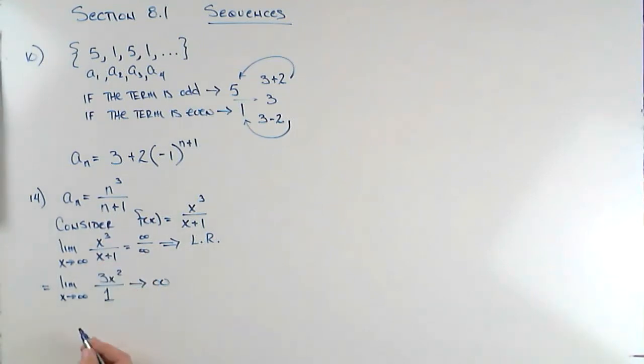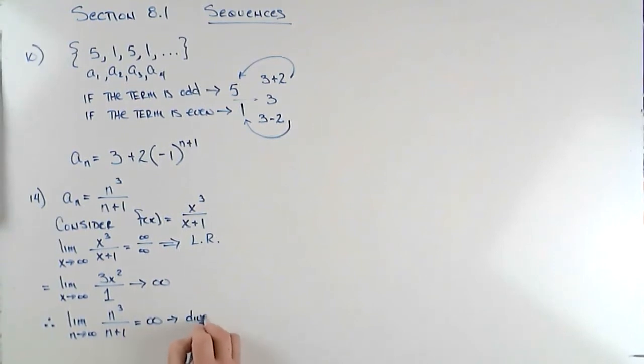And so in this case, we would say then the limit as n goes to infinity of n cubed over n plus 1 equals infinity, which means this diverges.